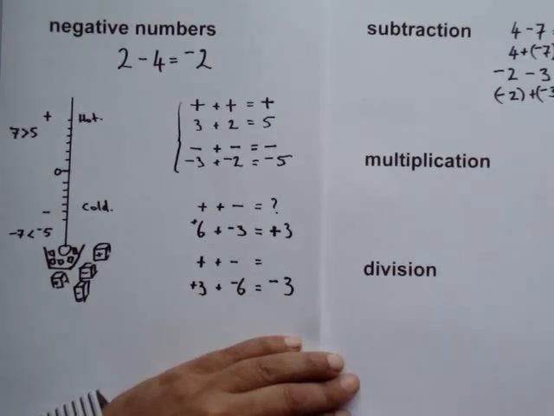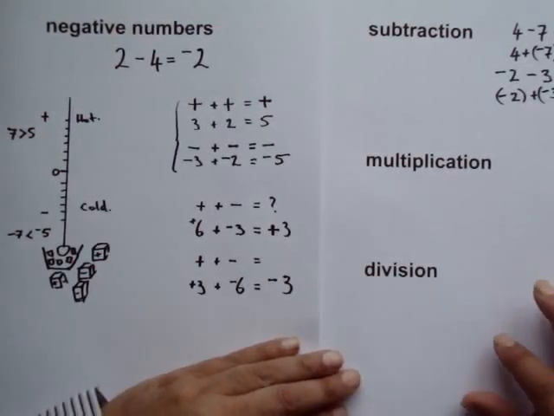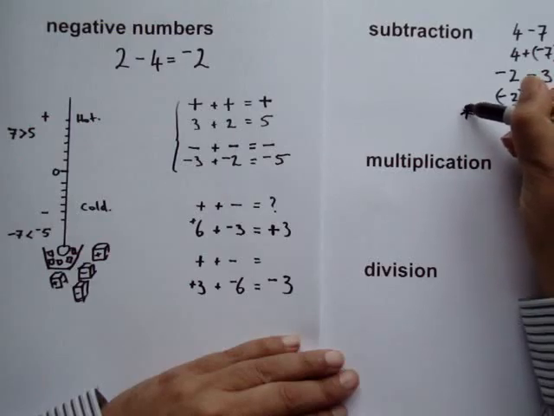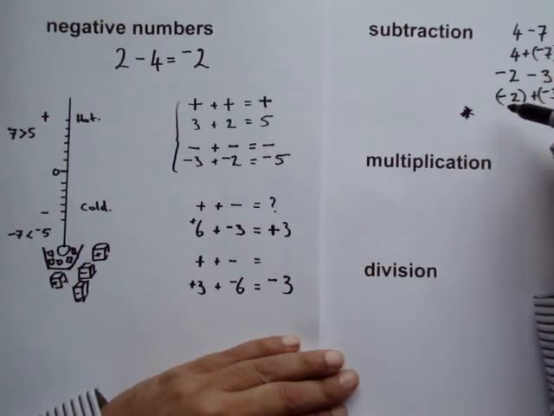Now the most important part of subtraction is where we have a negative minus a negative. Say we have, put a little star to indicate this is important, you have to remember this, 2 minus minus 5.